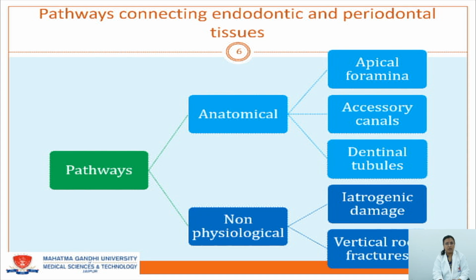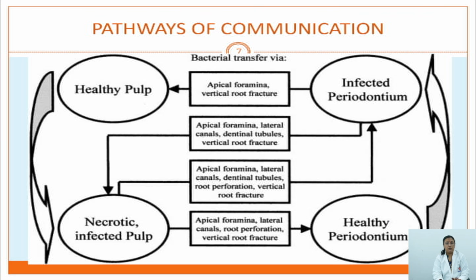Whereas non-physiological pathways can be due to iatrogenic damage, that is, damage caused by the doctor itself, and vertical root fracture. Now coming to the pathways of communication, that is, how bacteria transfer from endodontics to periodontal ligament and periodontal to endodontics. The bacterial transfer occurs via the apical foramen, or in cases of vertical root fracture, it affects the healthy pulp and thus causes the pulp to become necrotic.